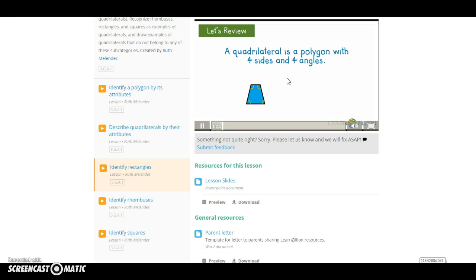Looking closely at these shapes, you see that each shape has 4 sides and 4 angles. We also examine the type of angles in a shape. When the line segments form a square corner, it's called a right angle. The green triangle has 1 right angle. The yellow square has 4 right angles. How can we use this information to describe the attributes of a rectangle?